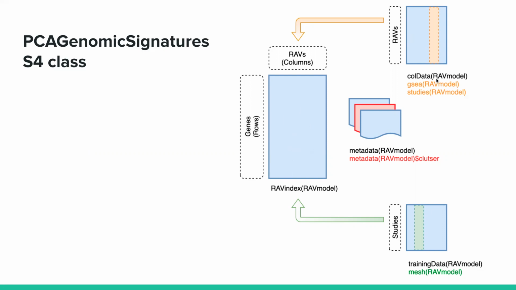It contains information on each of those RAVs, such as GSEA results and the studies from PubMed associated with each of those RAVs, along with metadata about the model itself and about the clustering that went into it.